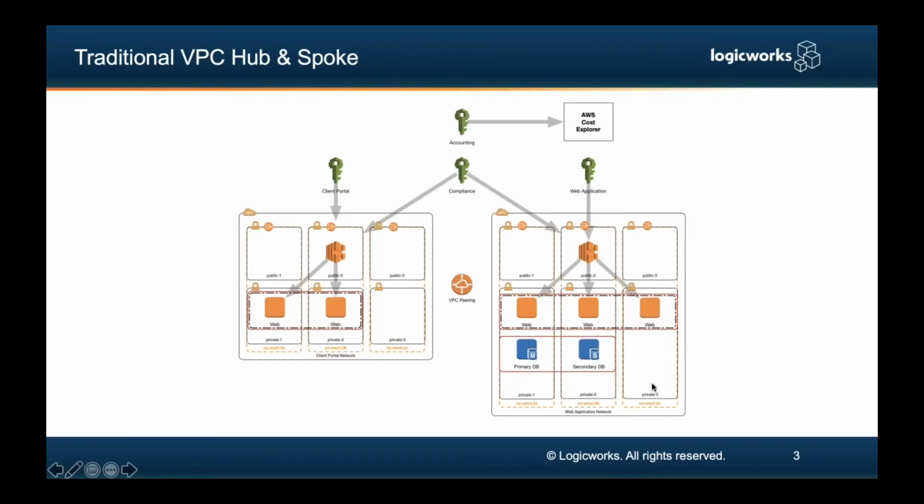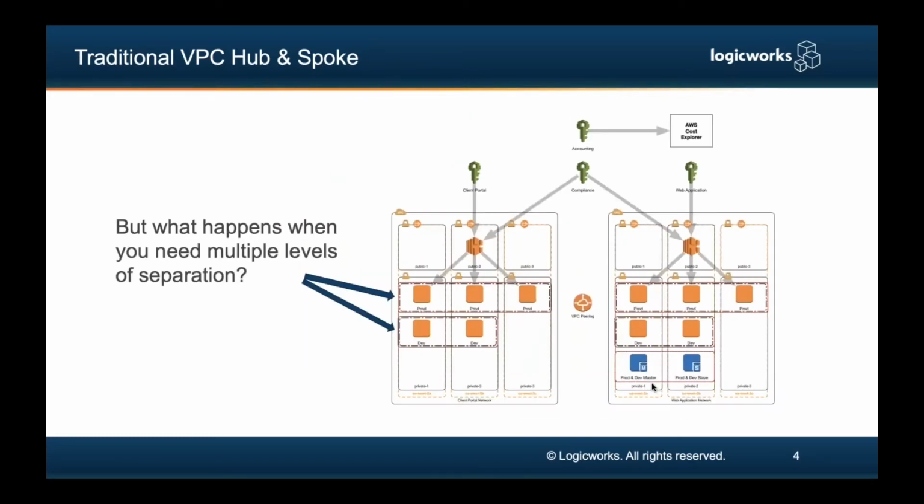Now, there are a few considerations when you run a multi-VPC architecture, right? For example, what happens when you need multiple levels of separation? Let's say instead of just having one level of production, you also have a dev environment or a stage environment. Well, now we're adding more complexity to your architecture.